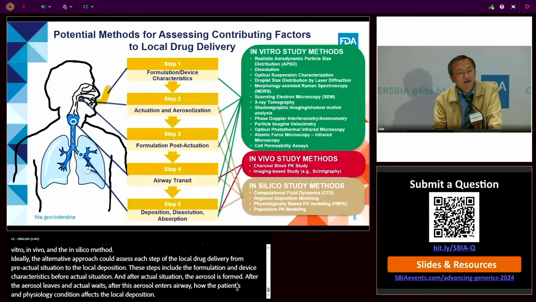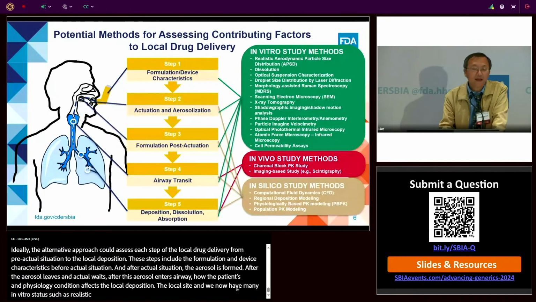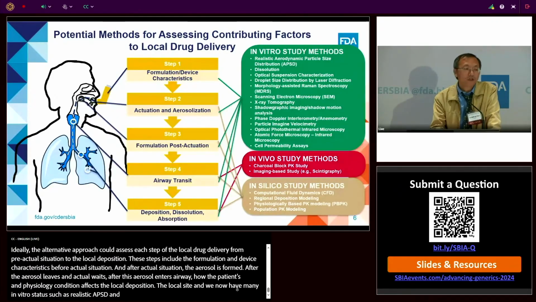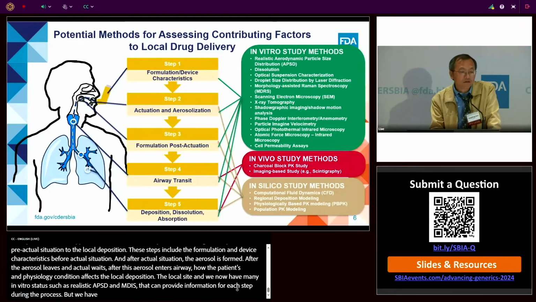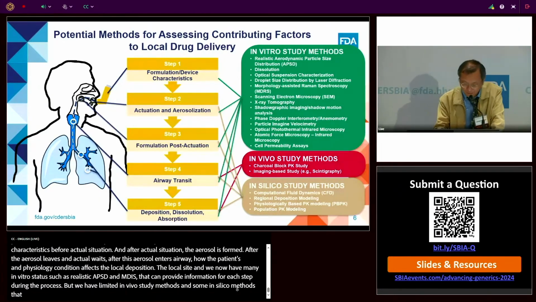We now have many in vitro studies, such as realistic APSD, dissolution, and MDIs that can provide information for each step during the process. But we have limited in vivo study methods and some in silico study methods that provide information on some of these steps.